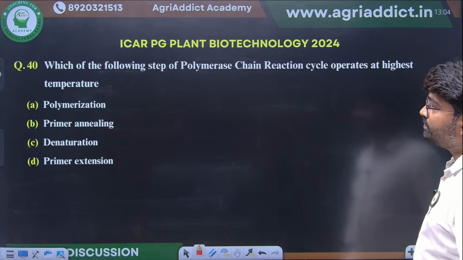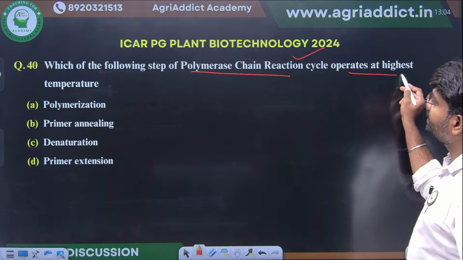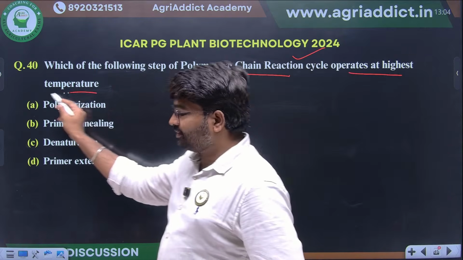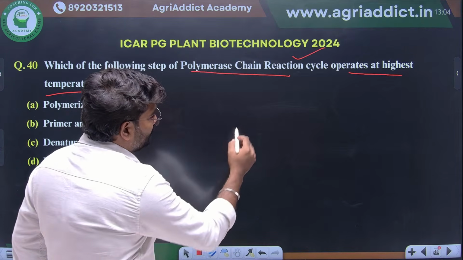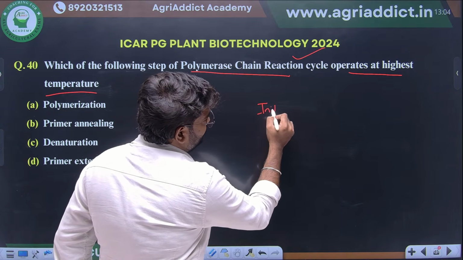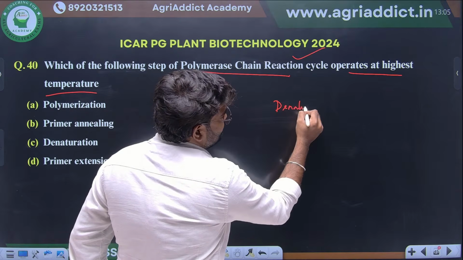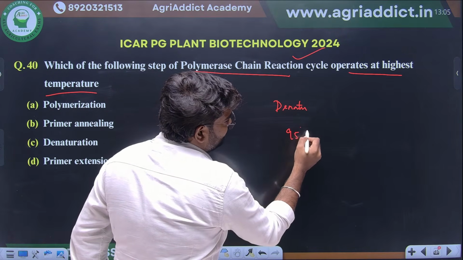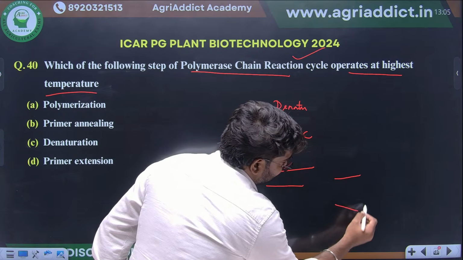Which of the following steps of polymerase chain reaction operates at high temperature? We know three steps will be there. First is initial denaturation. We will keep denaturation at around 95 degrees Celsius, so the double strand is converted to single stranded molecule.